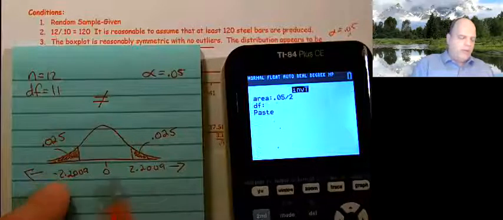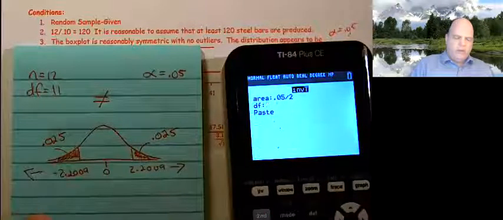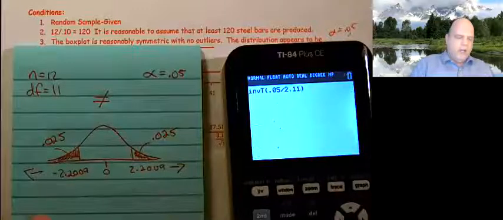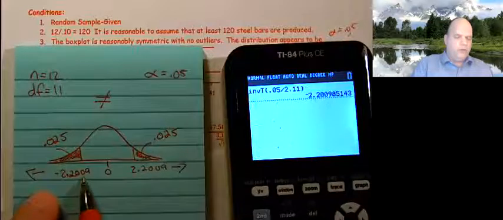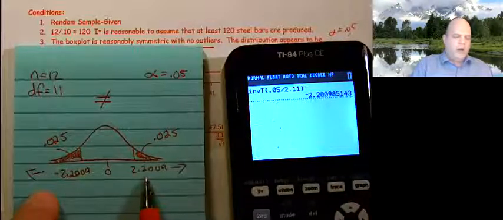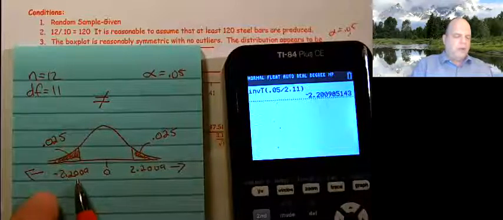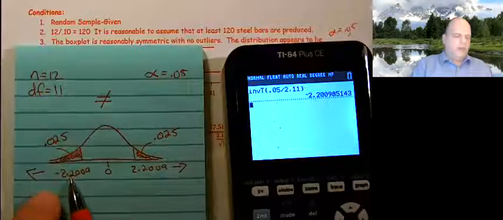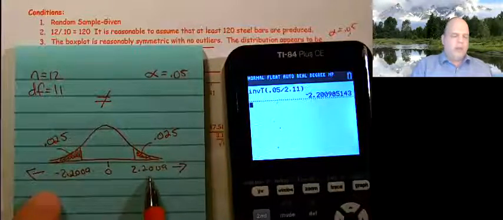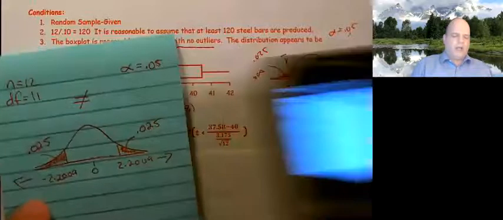My degrees of freedom, 12 minus 1 is 11. And I end up getting a critical value of negative 2.2009, which means I also have a critical value of 2.2009. So if I get a test statistic less than this or a test statistic more than this, I'm going to reject.